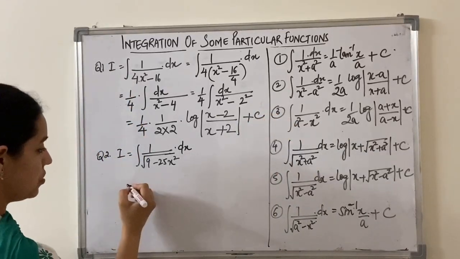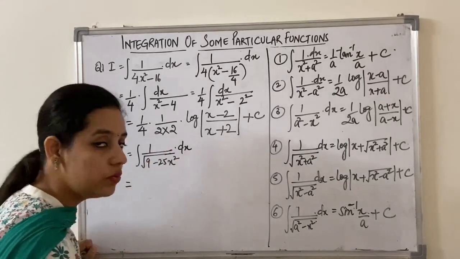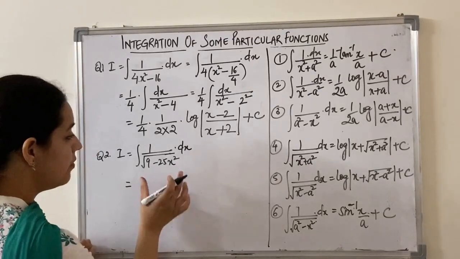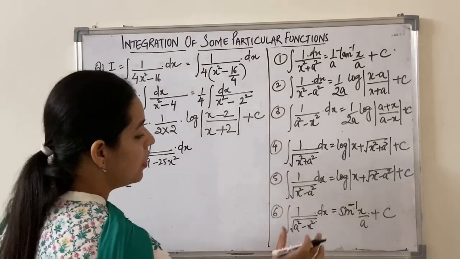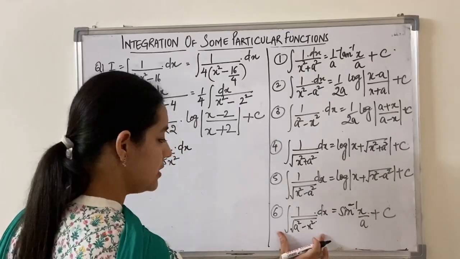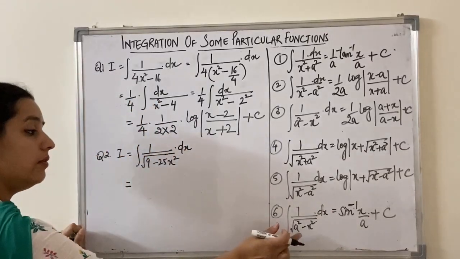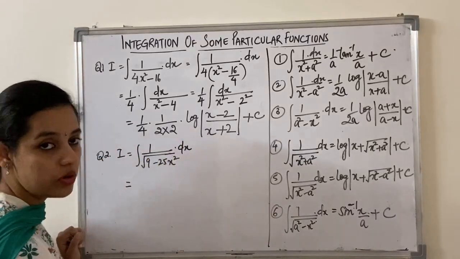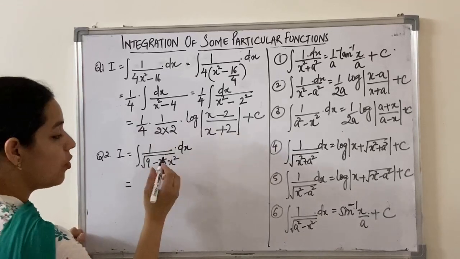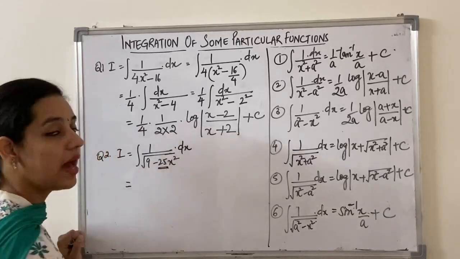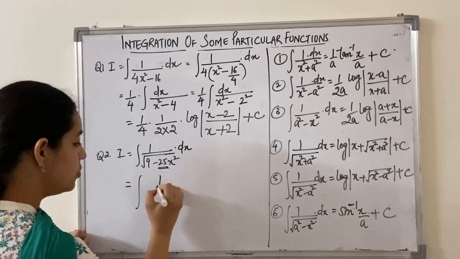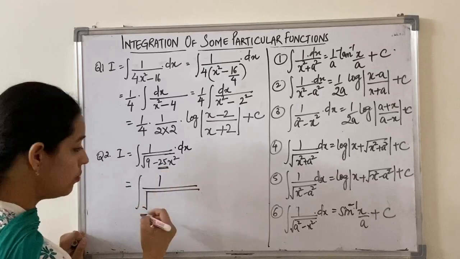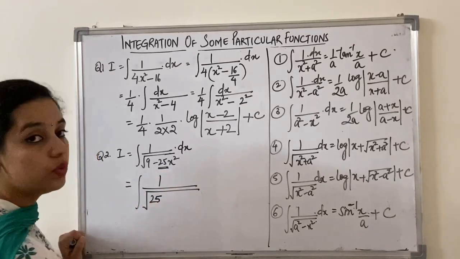And in the second question you can observe that it is 1 upon under root of 9 minus of 25 into x square dx, which is resembling the form 1 upon under root of a square minus of x square. Again, to use this result we need to get in the numerator 1, which is already 1, and in the denominator the coefficient of x square should be made as 1. So what we have to do in the denominator, first we have to take this 25 common inside the square root only.